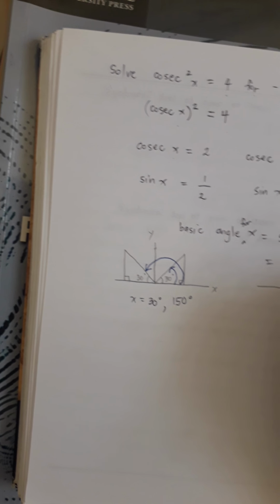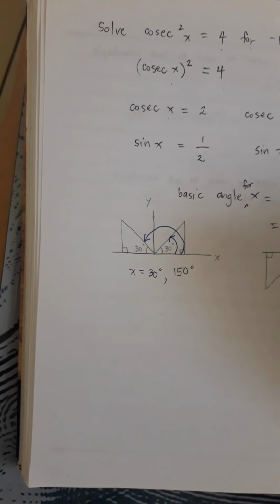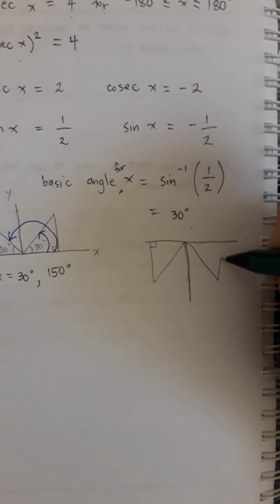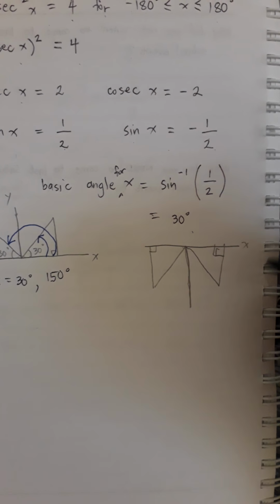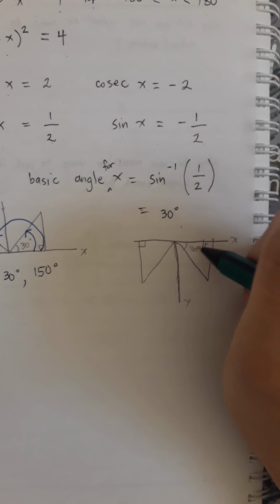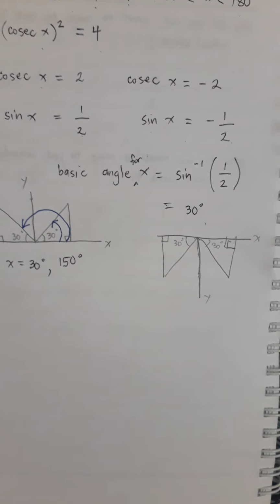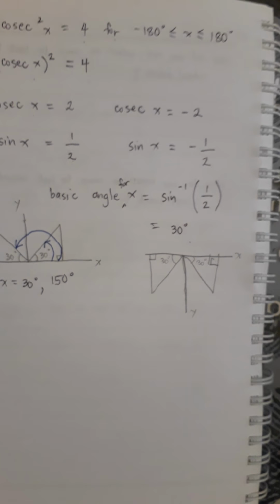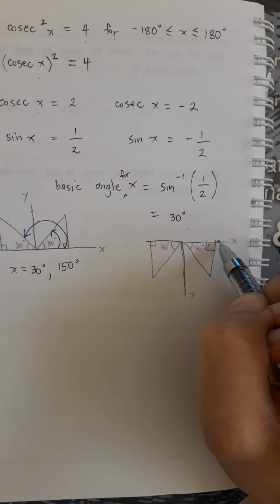So the right triangles this time will be from there: the fourth quadrant and the third quadrant there. The basic angle here is 30 and here also 30 degrees.